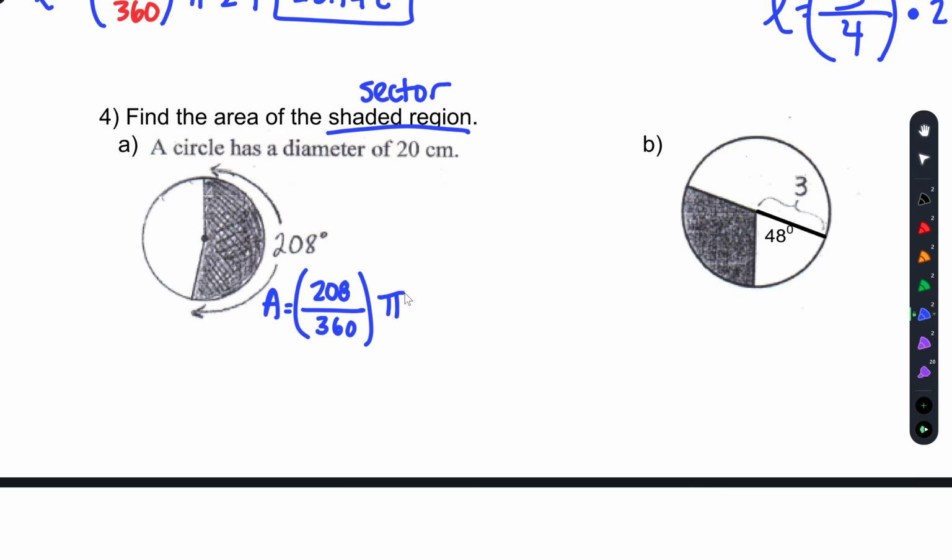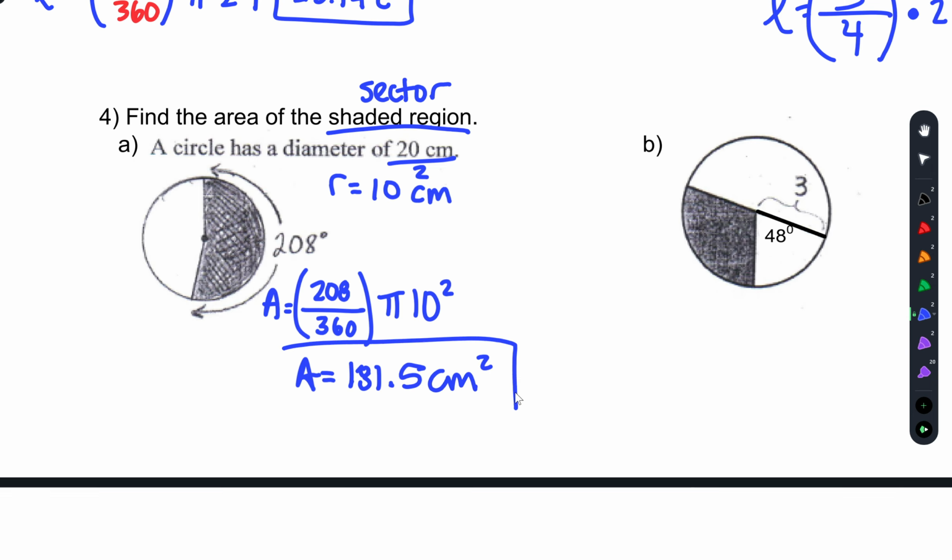I don't know my radius, but I do know my diameter is 20. So I'm going to divide that by 2 to get my radius is 10. So 208 over 360 times pi r squared gets me 181.5 centimeters squared.